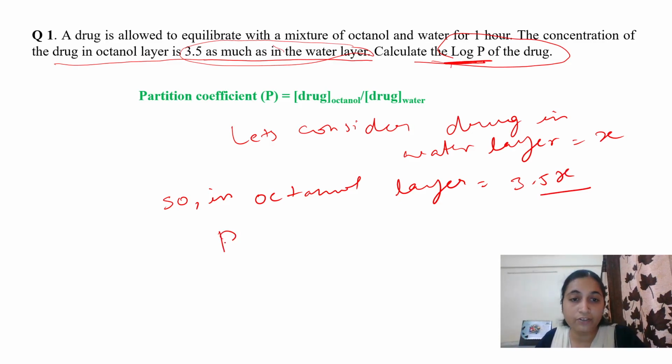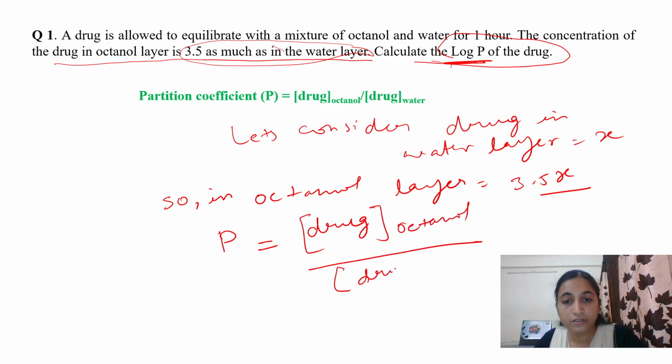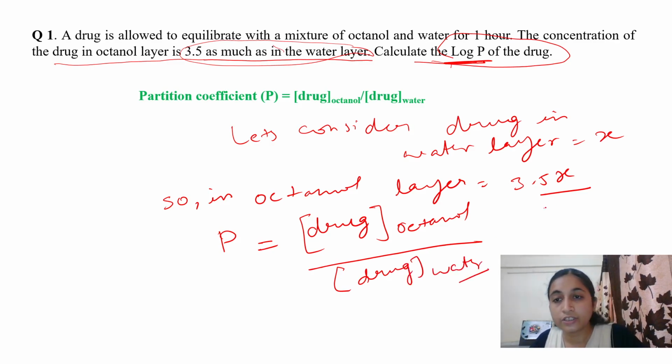Then they want us to calculate the log P value. So first we will calculate P. P equals drug in octanol upon drug in water, so 3.5x upon x, x cancels. So P will equal 3.5.